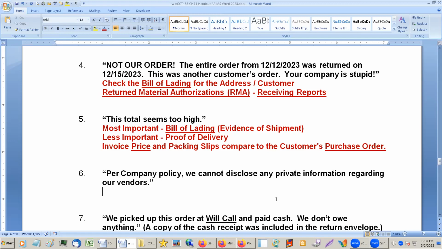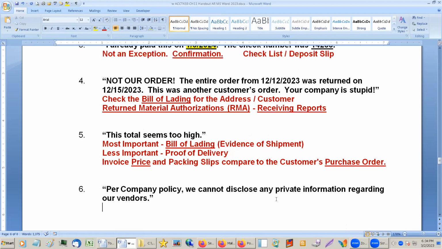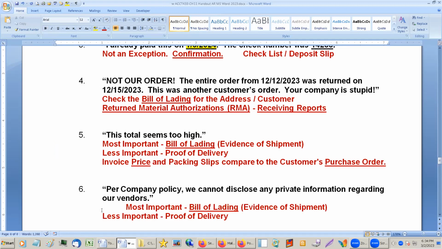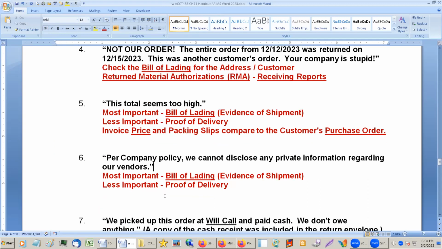So what do you do with that? They're not disclosing anything that the auditors don't already have access to. Yeah, so you're probably back to this. It's really not private information that they're dealing with. No.